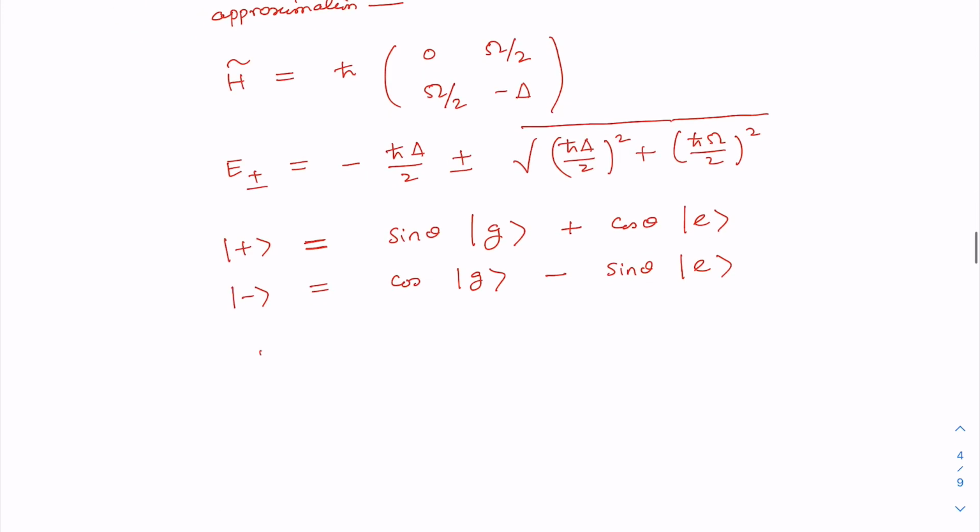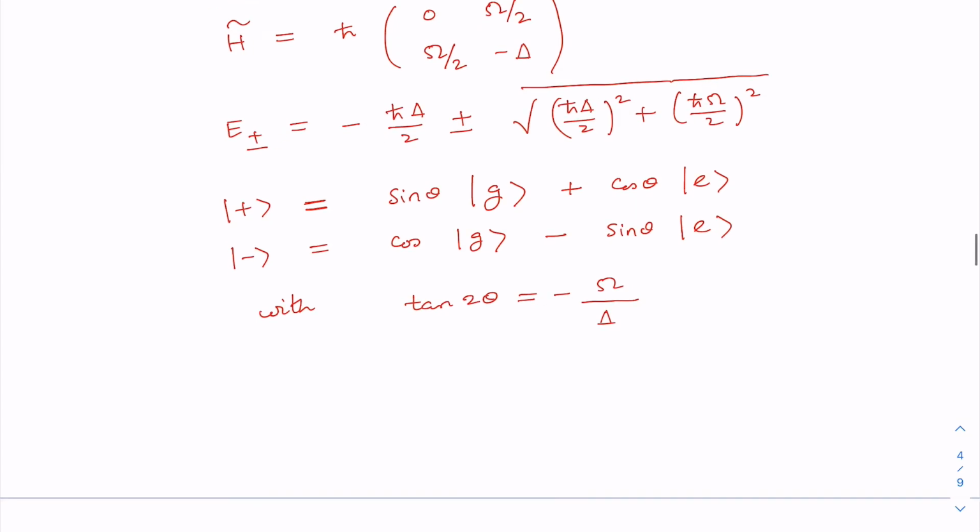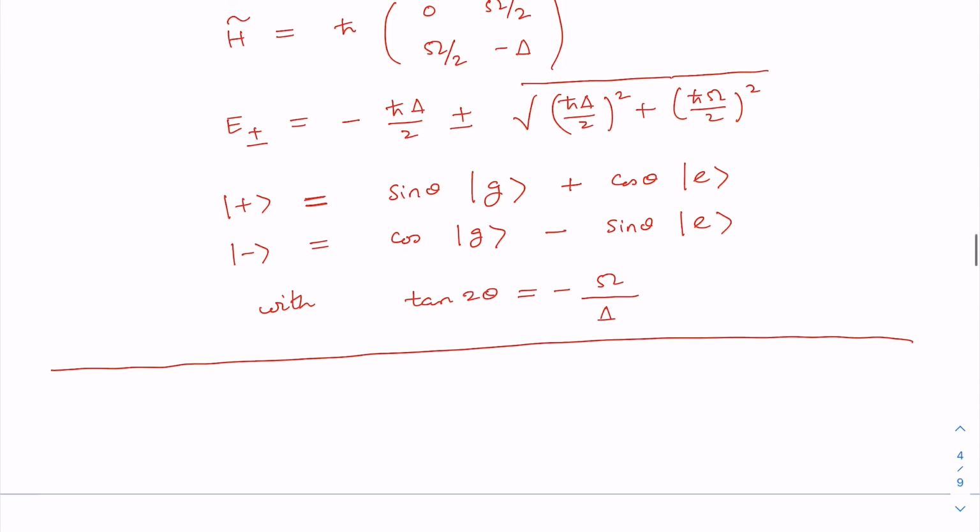And this angle theta is the Stückelberg angle, and that we worked out as tan 2 theta is equal to minus omega, where omega is the Rabi frequency, divided by the detuning parameter. So this is what we have already learned in module 1.